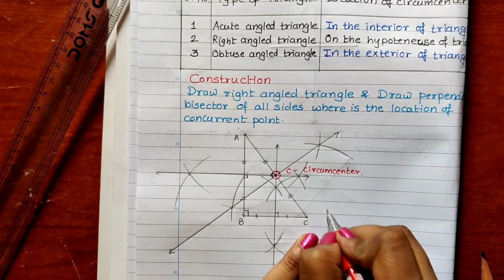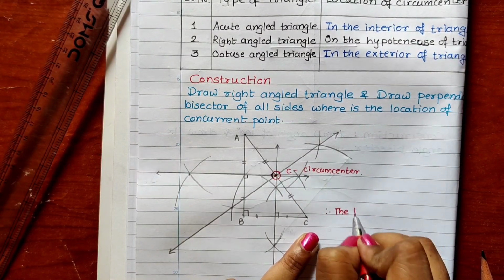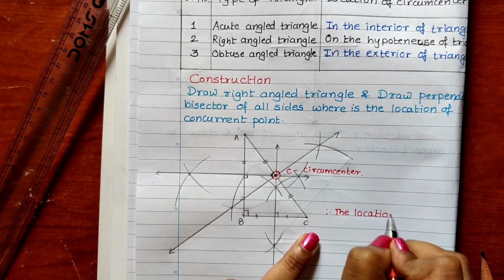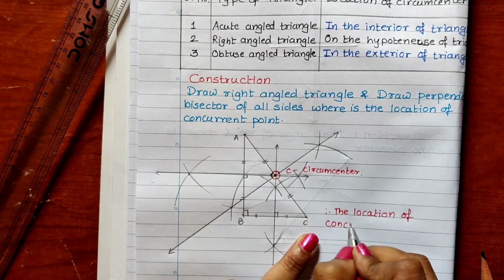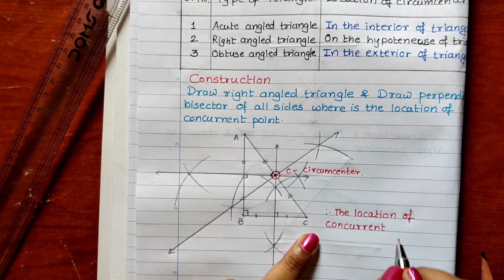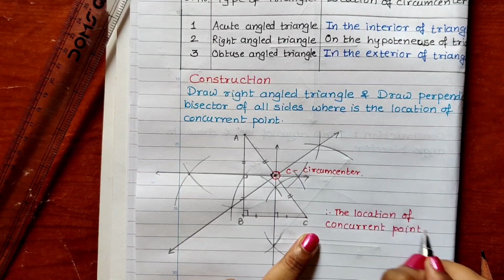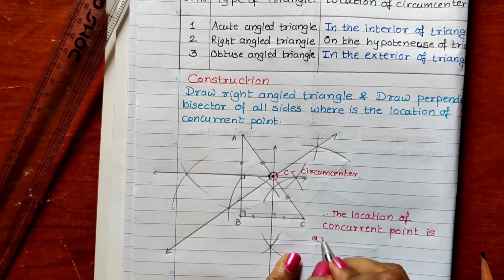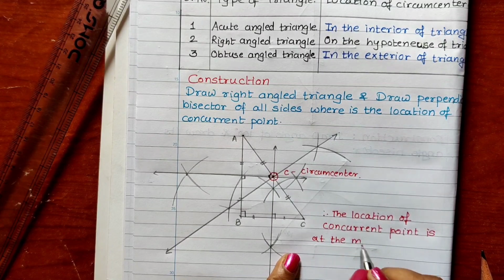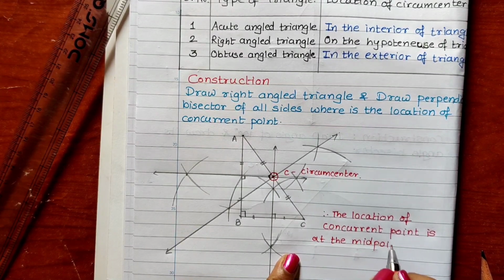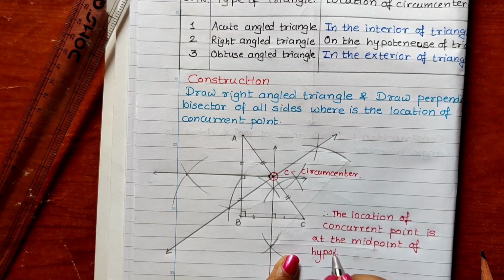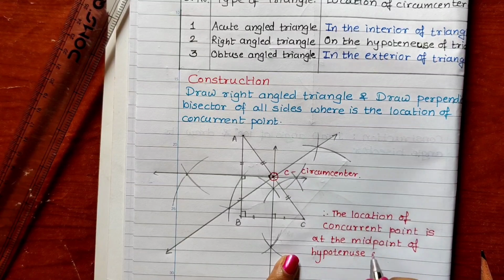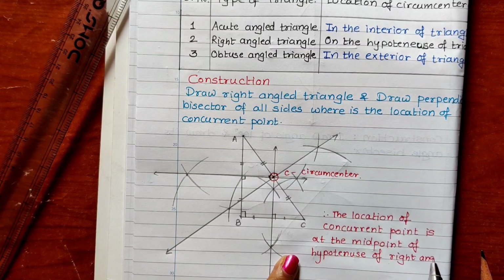Therefore, the location of concurrent point is at the midpoint of hypotenuse of right angled triangle.